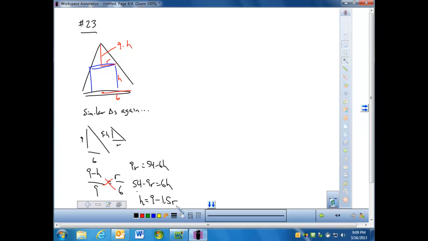Now, remember, I'm working on trying to maximize the volume of my cylinder right now, so I'm using my cylinder volume formula, and I'm going to write everything in terms of r. So instead of pi r squared h, it's going to be pi r squared times (9 minus 1.5r). I'm going to distribute that pi r squared through, so it's 9 pi r squared minus 1.5 pi r cubed. That's about as simple as my function's going to look.